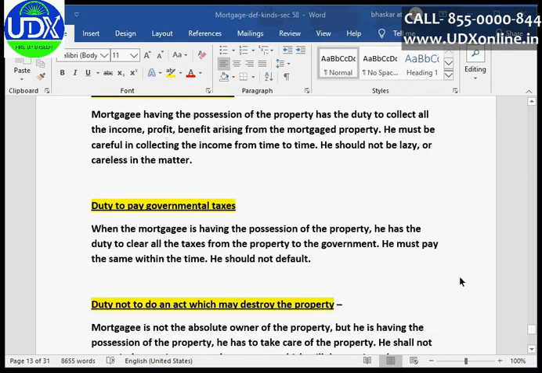Now the third point. Duty to pay governmental taxes. See, the taxes shall be paid by the absolute owners of immovable property.